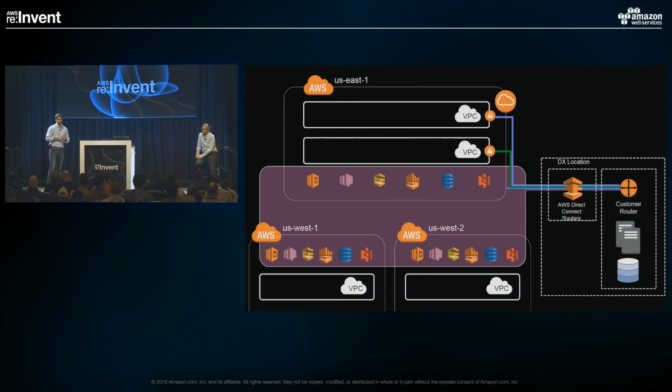Now, the nuance here is that if you're connected to one of these regions through Direct Connect, and you create a public virtual interface, you receive route advertisements of that region's IP space, as well as the IP space of all the AWS regions within the United States, which means you can access resources within that region, as well as resources in a remote region over the public virtual interface over Direct Connect. This includes the VGW of a remote VPC, so you can create a VPN tunnel and access VPCs that way.